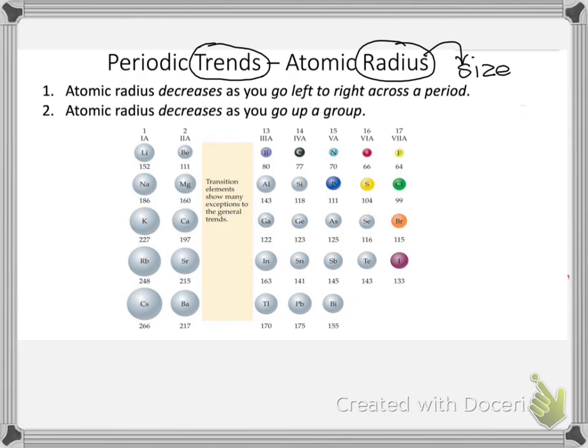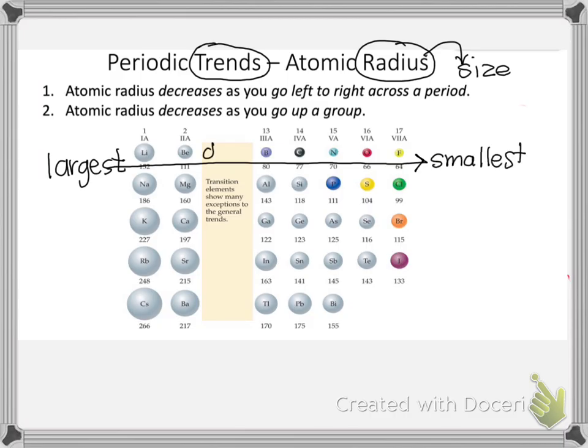In general, if you go from the left to the right on any of these periods, you'll see that on the left, we have the largest of the atoms in that period, and on the right, we have the smallest. So the atomic size decreases across a period.